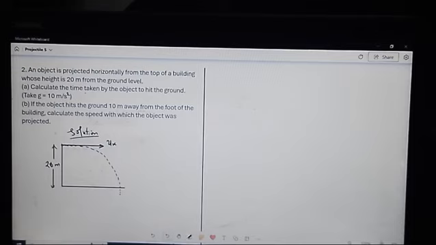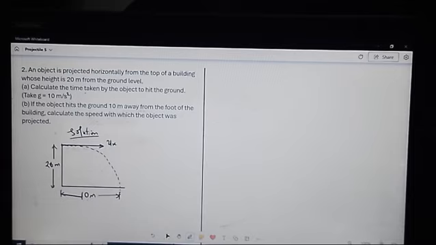The distance between this point and this point is 10 meters, that's what the question tells us. But we cannot use the horizontal value now because we have only the horizontal distance.